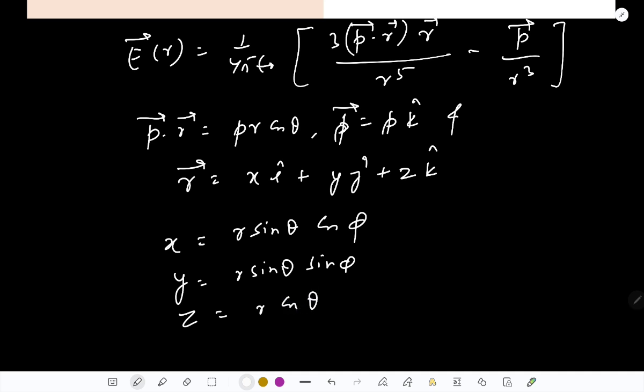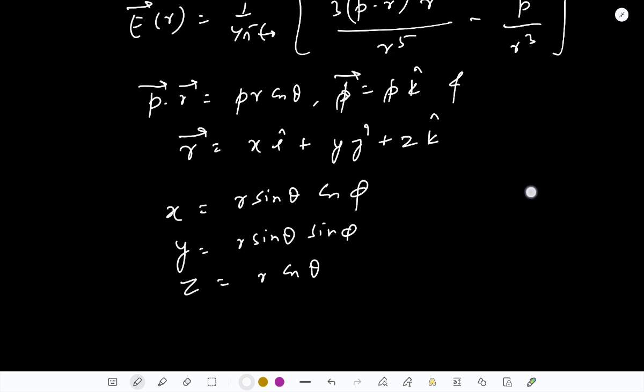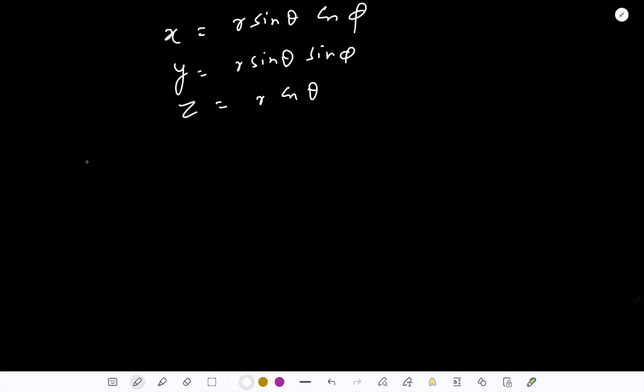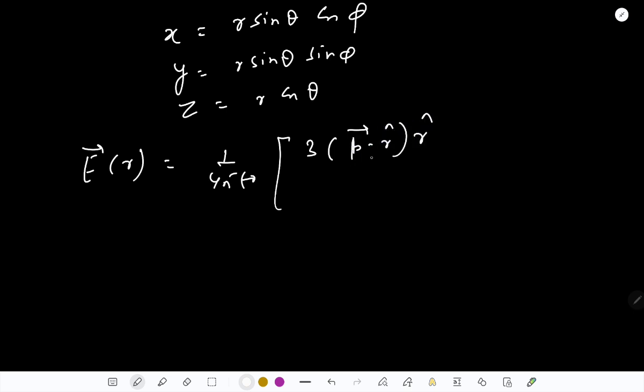And now what? Now you can do the rest of the things. E can also be written as 1 by 4 pi epsilon naught, and since we got more values here, I'm going to write it in terms of the unit vector: 3 (p dot unit vector r) unit vector r divided by r cube minus p by r cube.